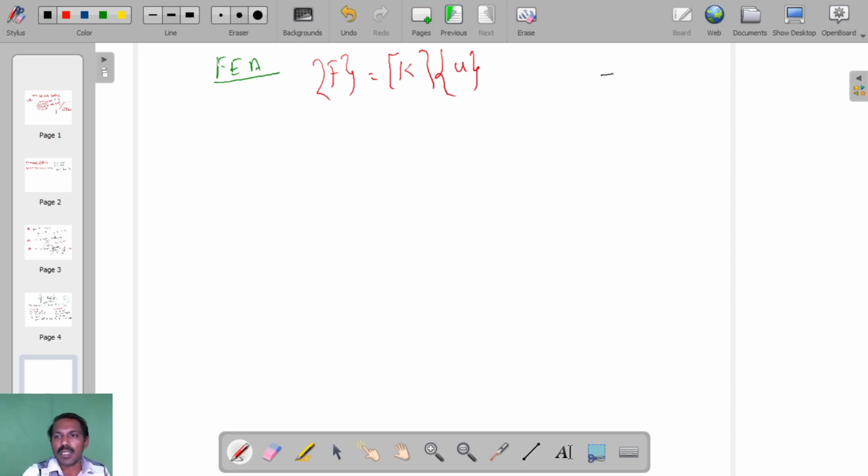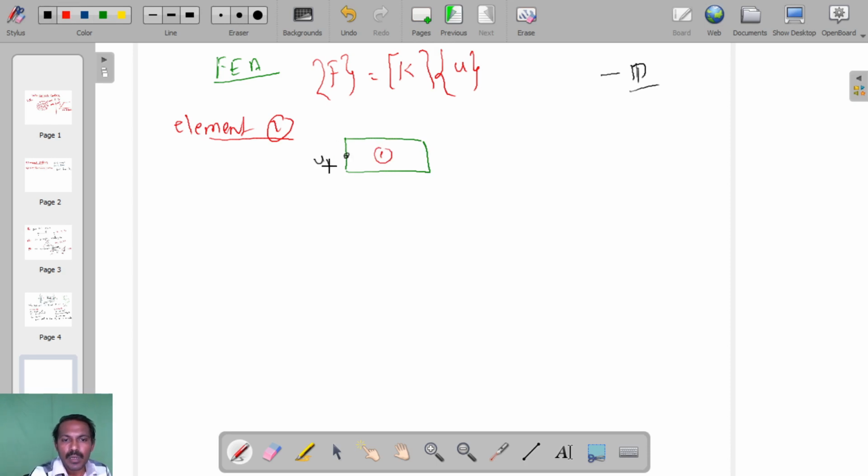First, we take element 1. The nodal values are u1 and u2, and the length is 300 mm.